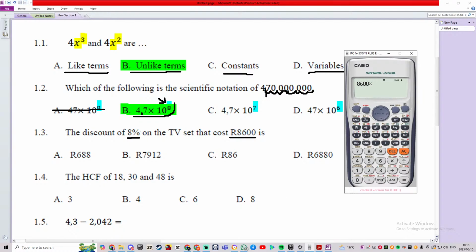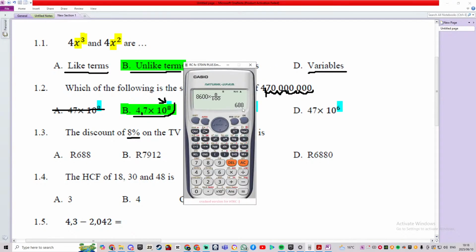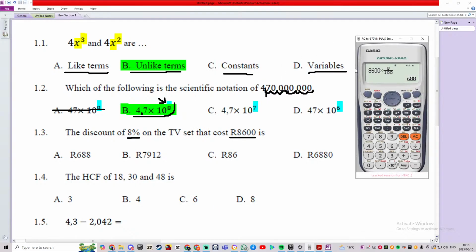When we're finding a percentage of a number, we always multiply by the percentage over 100. Whatever percentage it is, it will always be that percent over 100. Then we have an answer of 688, as you can see on the calculator there.